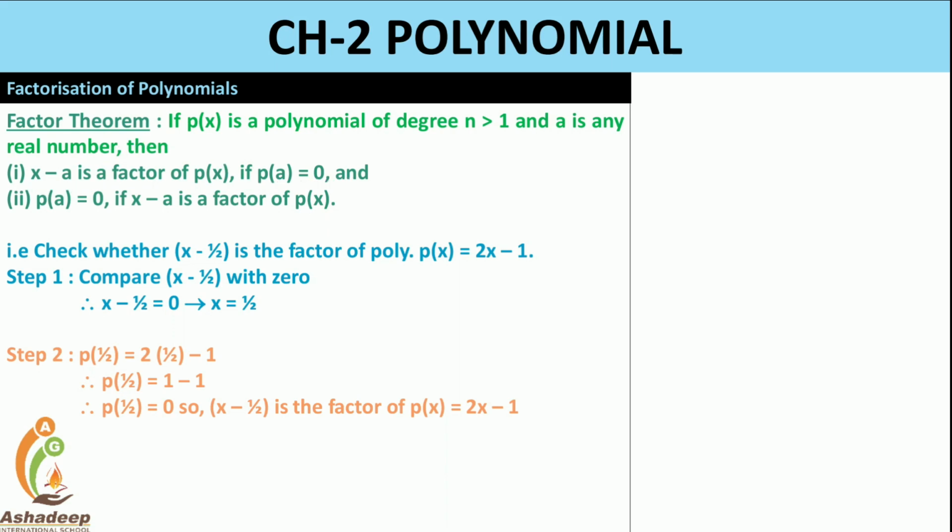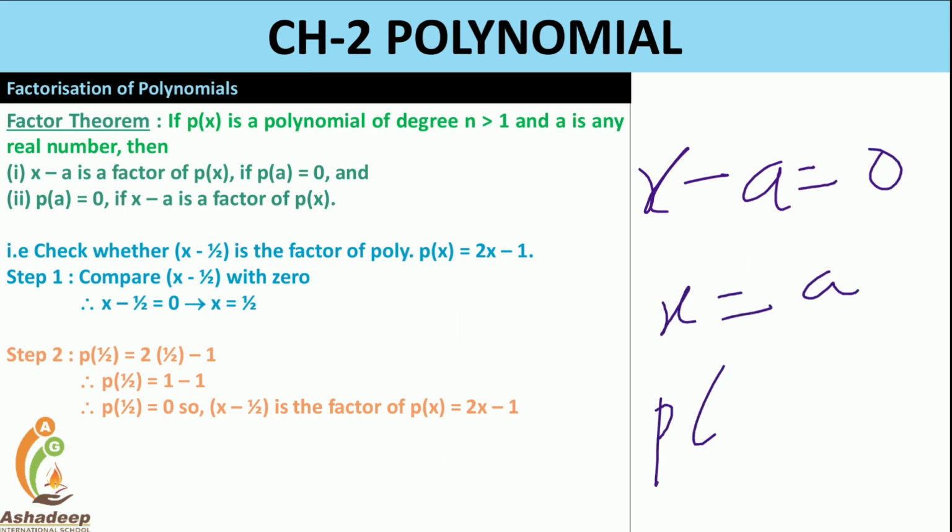If x minus a is a factor of p(x), then p(a) equals 0, right? x minus a equals 0, therefore x equals a, and therefore p(a) equals 0. Okay, so that could be understood.